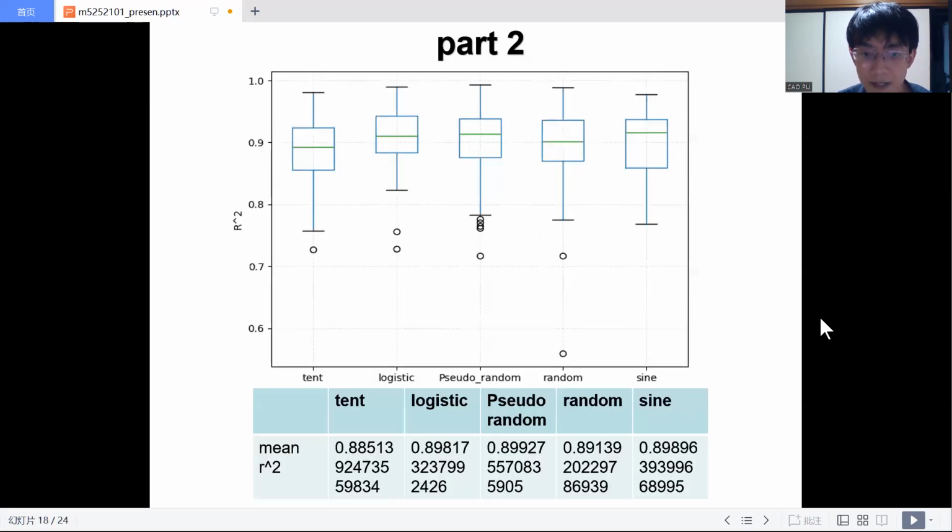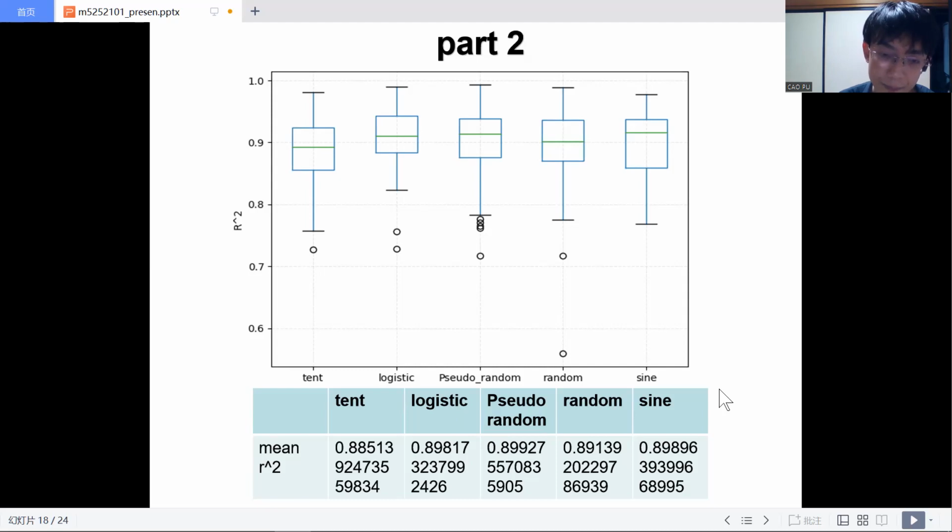Here are the results: the logistic mapping, pseudo-random, and the sine mapping, all three got better results than the tent mapping and random mapping. But there is no very significant difference between the pseudo-random and the logistic mapping and the sine mapping.